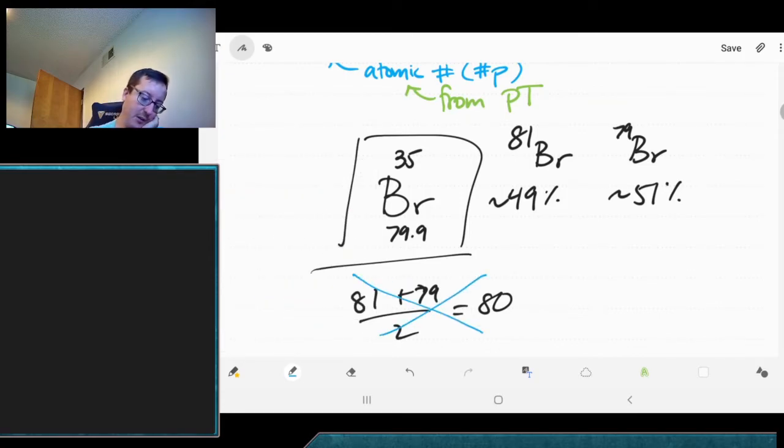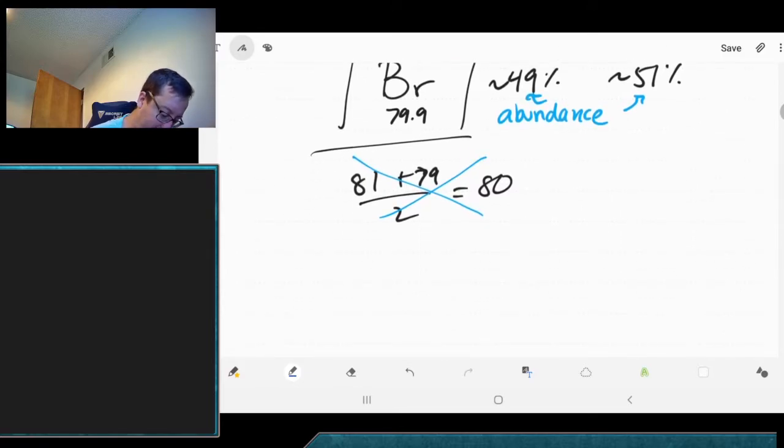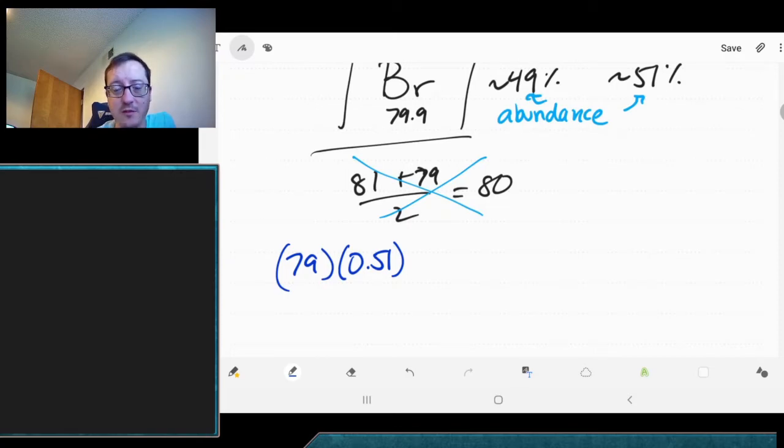And so we can't say, okay, it's not going to be a simple average. But we have this idea of the abundance, which we were able to find on our handy-dandy Wikipedia table. And so, let's try and factor that in to this. We know if this bromine 79 business is about 51%, let's just put that in decimal form.